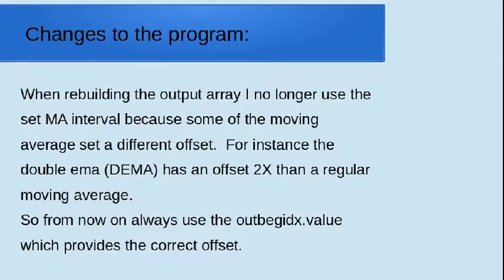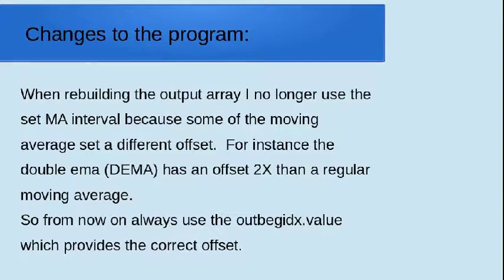And finally, the last major change to the code is the way I realign the output values from the ta-lib methods. In previous versions, when I was using a simple moving average, we just used the interval value.